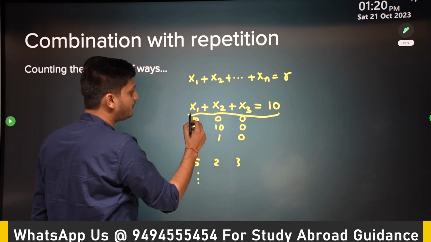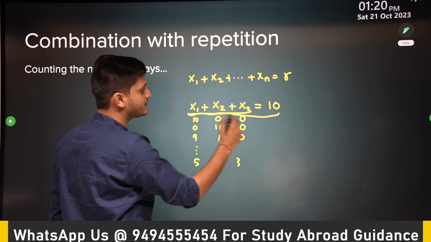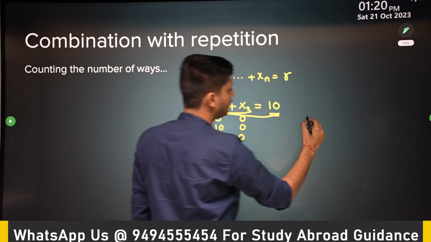You have 3 unknowns in the equation, and their sum has to be equal to some value r. So draw 12 boxes.